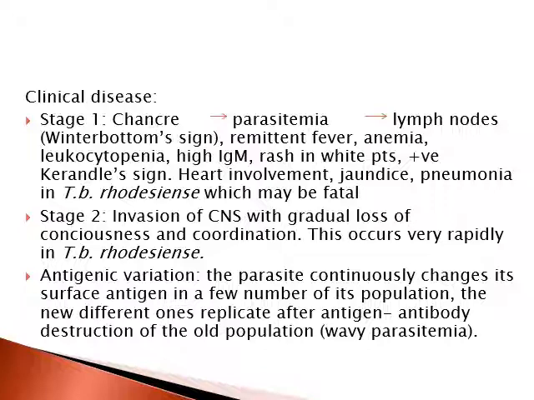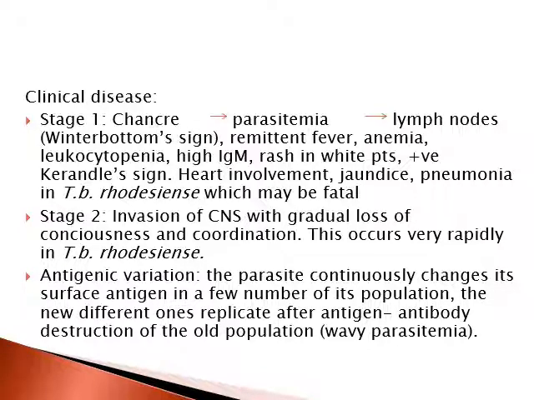This occurs due to what we call wavy parasitemia. What is wavy parasitemia? Some of the parasites have surface antigen on their cell coat. These surface antigens vary every while to avoid the immune reaction of the patient.